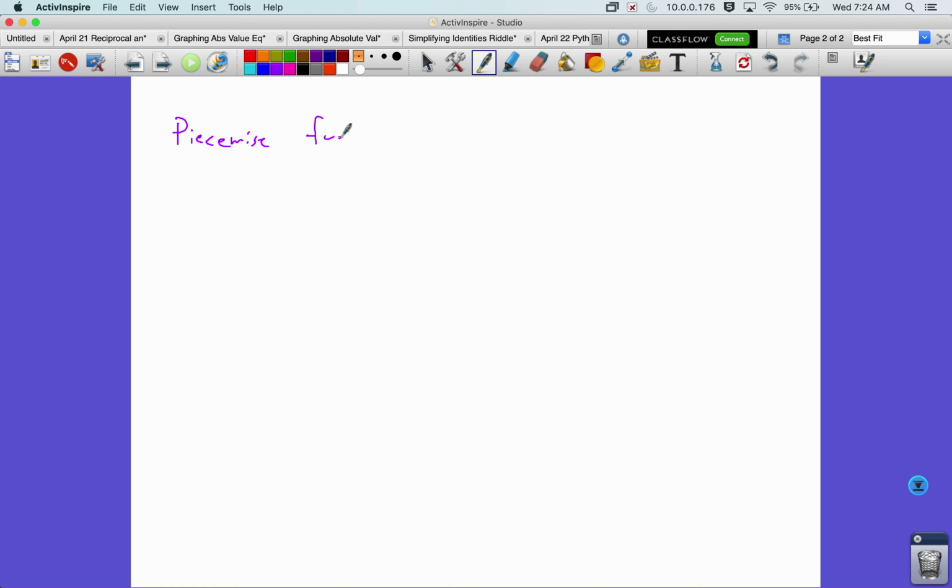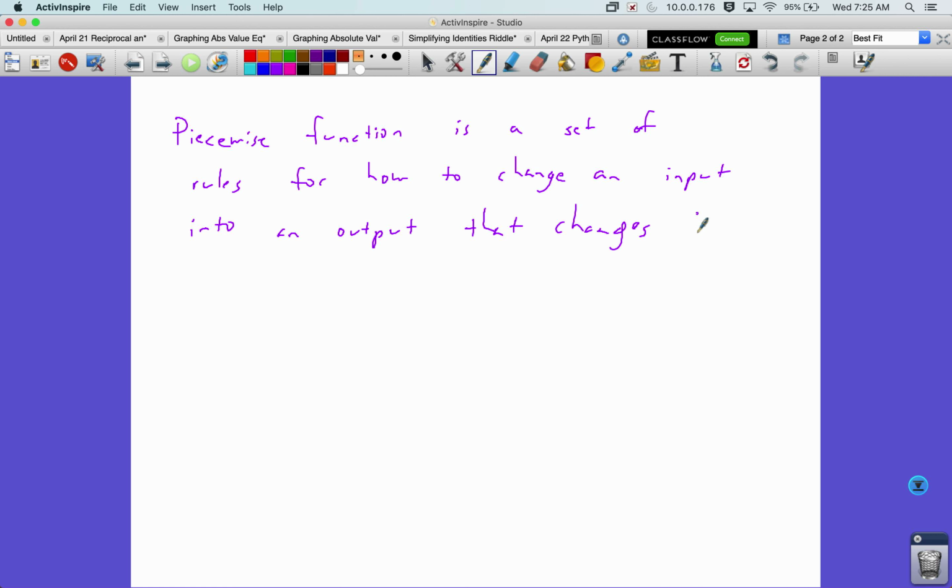So a piecewise function is a set of rules for how to change an input into an output, all right, that changes based off what the input is.